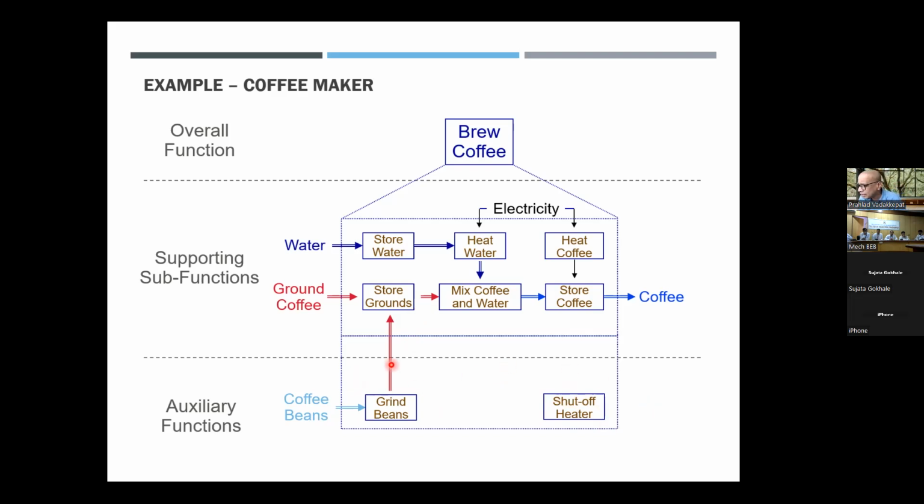So you have the first part, you can sell it for, say, 1,000 rupees. Okay. And you have grinding the beans and shutting off the heater, 1,200 or 1,500. Now, what happens is, additional feature. So whatever you spend for R&D, additional R&D required for grinding the beans and shutting off the heater is less. So you make more money.